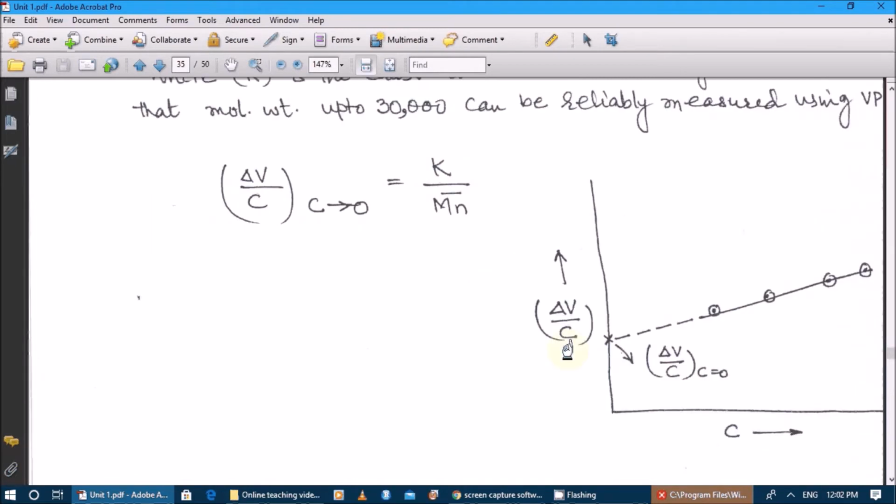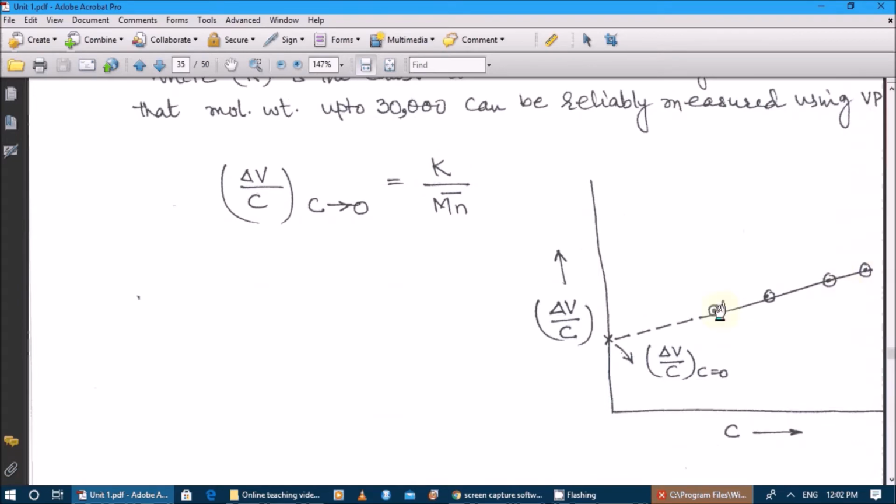And when we plot the delta V by C with respect to the concentration on the x-axis and prepare solutions of 4 or 5 different concentrations, we will find 4 or 5 data points like this.